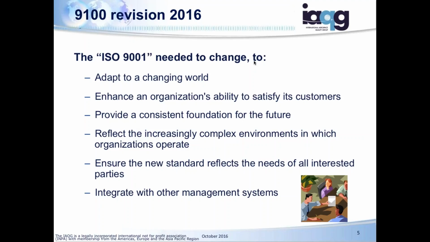You may have heard about Annex SL. Annex SL sets the standard structure for all ISO management system standards. That way, when companies need to integrate their quality, environmental, information technology, and so forth, it'll be easier because all the standards are based upon a similar structure and similar language.